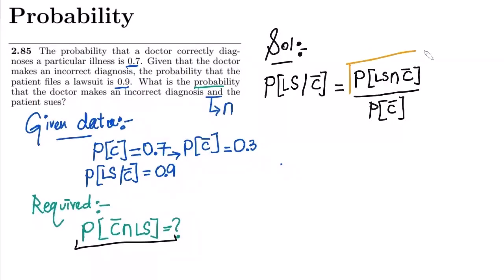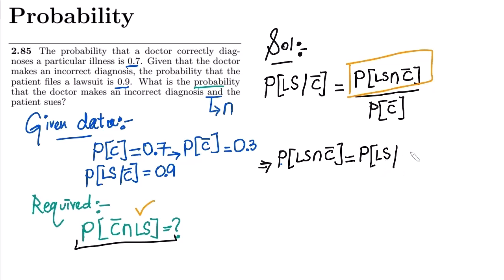We have seen in the required data what we want to find, so multiplying both sides with P of C complement, what will be left with us? On one side we will have the probability of the lawsuit and the incorrect diagnosis, which is equal to the probability of the lawsuit given that he has made an incorrect decision, multiplied by the probability of the incorrect diagnosis.